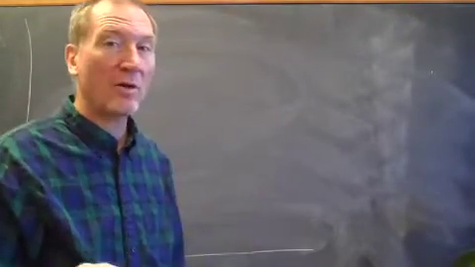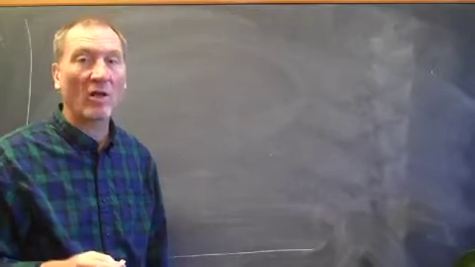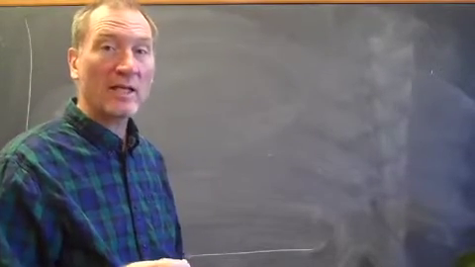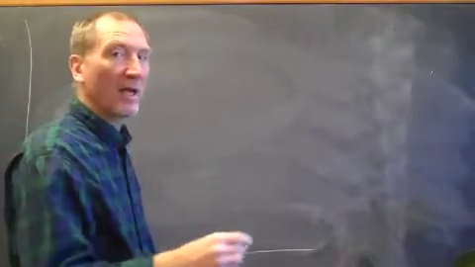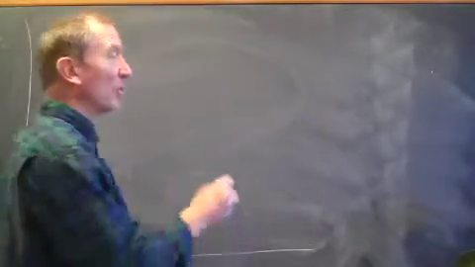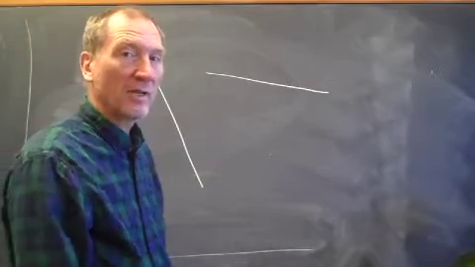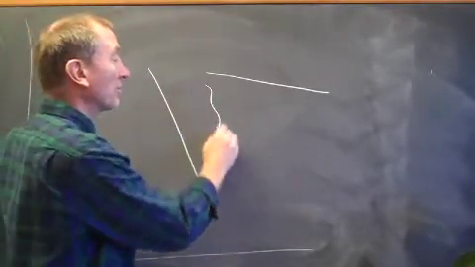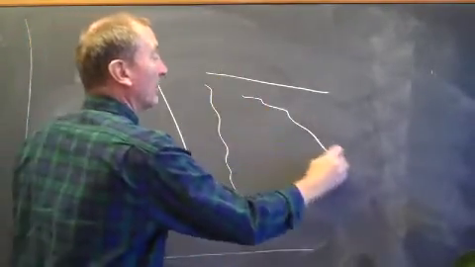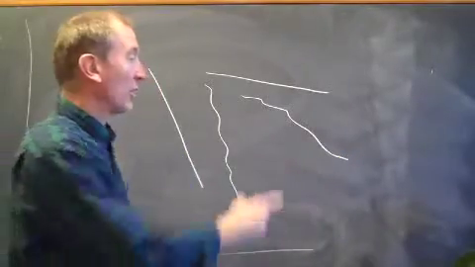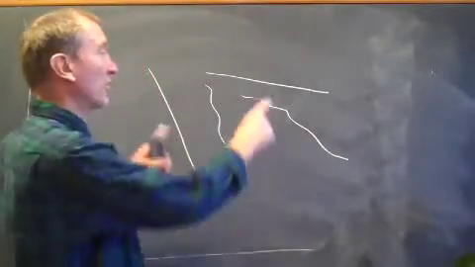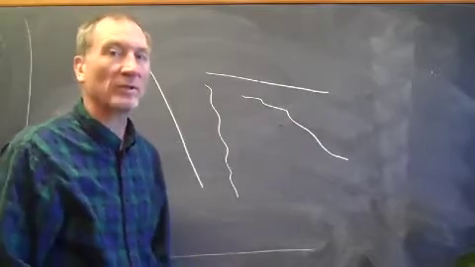We're going to start out here with a cell that has 2n equals 4 chromosomes. I'm going to show two of the chromosomes as straight lines and two other chromosomes as squiggly lines. So these are the squiggly homologs and those are the straight homologs.